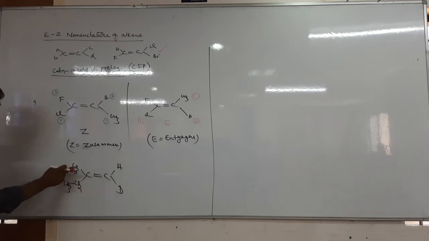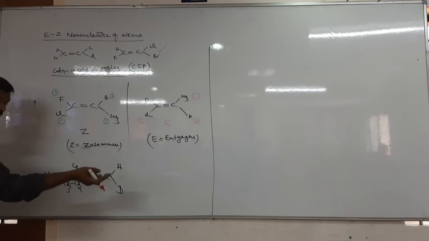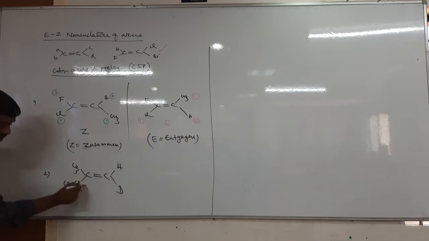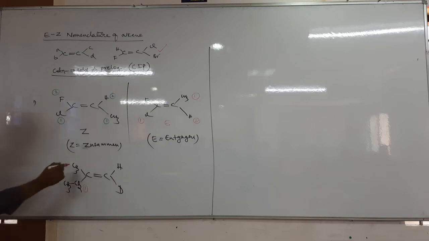Carbon here, carbon here, atomic number same, 6 and 6. If the double bonded carbon atom is attached to two same atoms, then take the next atom for the priority. What is the next atom here? Hydrogen. Here the next atom is carbon. Therefore, it becomes 1 and it becomes 2.